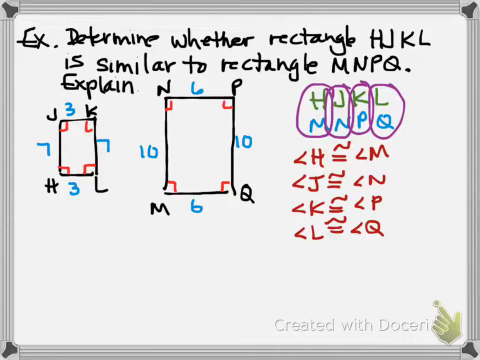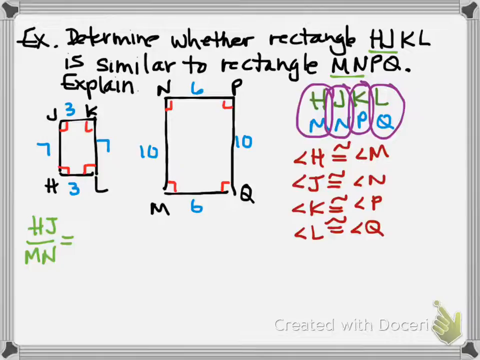So what we're going to do is form ratios. And how we form ratios, it's more of looking at it 2 at a time. So for example, HJ, MN. So what we're going to do is look at what's the ratio of the length of HJ to the length of MN.